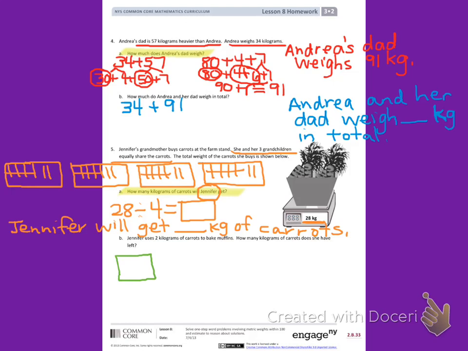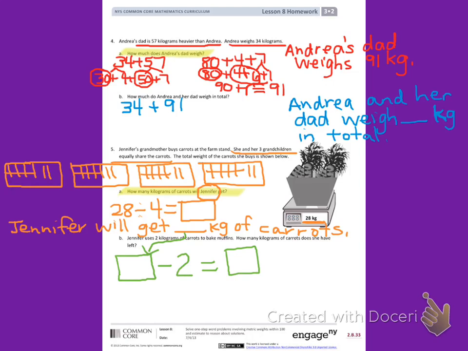And if she used 2 kilograms of carrots, we're going to go ahead and subtract that from the number that she started with. The number that she started with was the answer from item 5A. So that's the number you put there. And then subtract the 2 to get your final answer.